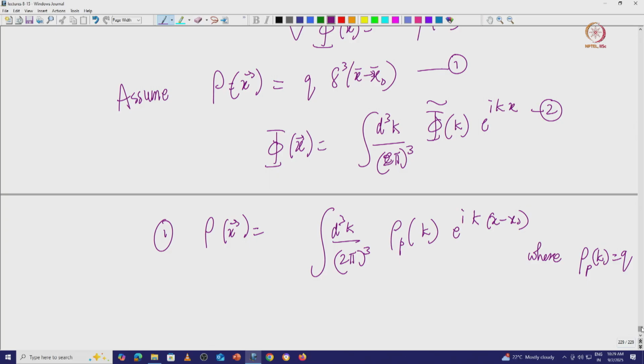On the left hand side I have the del square, which I have to operate on equation 2.